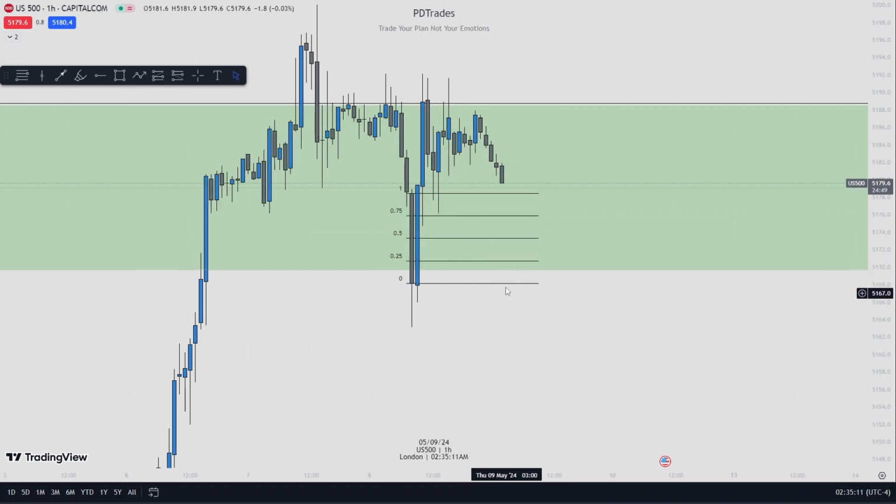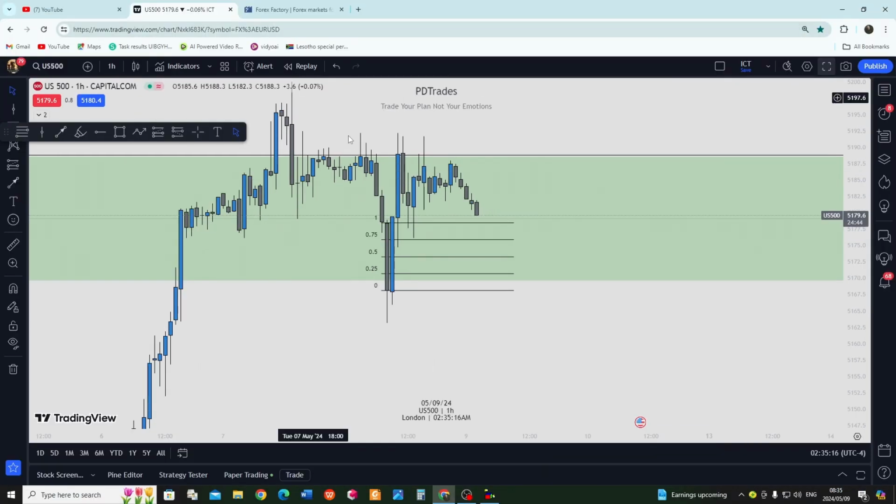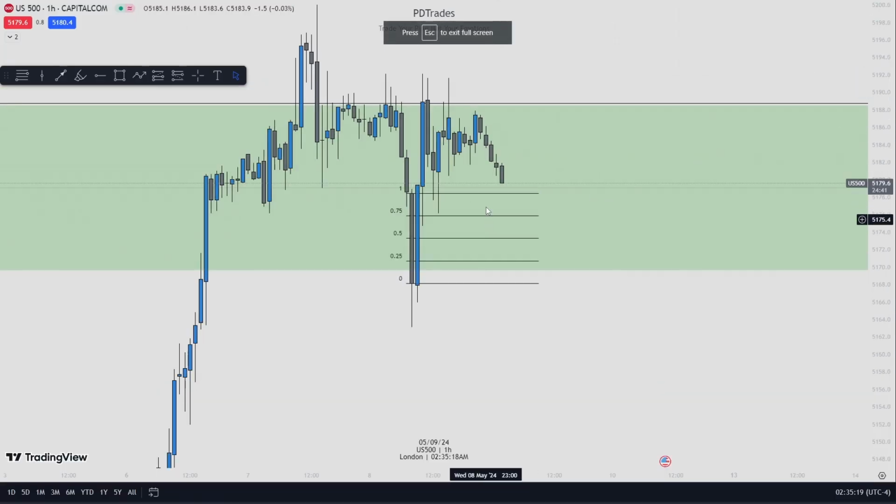Because remember, if they want to sell, I want to show you something. So here they are kind of showing me they want to take out this liquidity resting above here. You understand? So I'm thinking they would want to reject here and take out liquidity, then start shooting down. I'm just going to let the market play out first, then decide later. But right now it's showing me that it wants to buy the news.